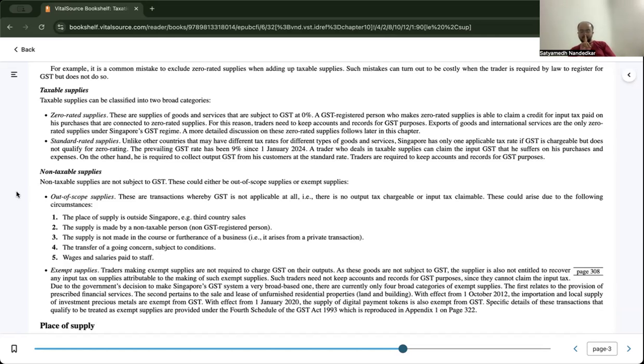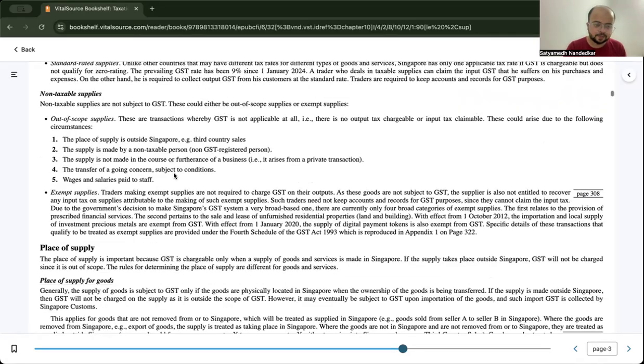But also keep in mind the fact that the reasons are different. In zero rated, GST is applicable, but the rate is zero. In exempt supplies, it is under the ambit of GST, but GST is not levied on these items. And out of scope activities means it doesn't fall under the purview of GST in the first place.